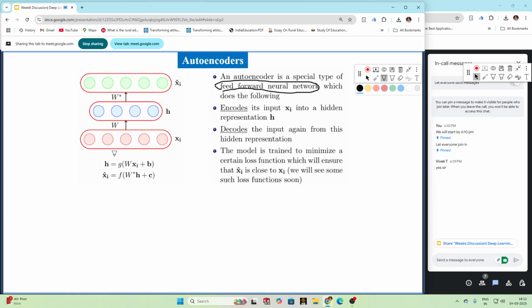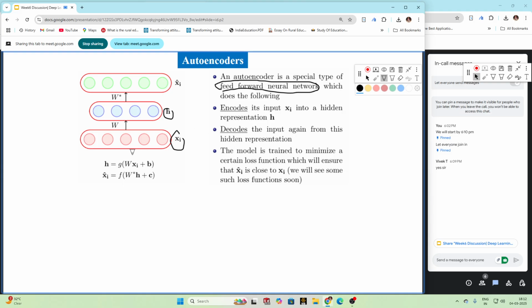So what is the work of this hidden layer? It encodes its input xi into a hidden representation h. Here this is the input layer, so we supply our input in the form of xi. The encoding layer encodes your input in the form of a representation known as h. Then this green layer is the decoding layer, which decodes the input again from this hidden representation.